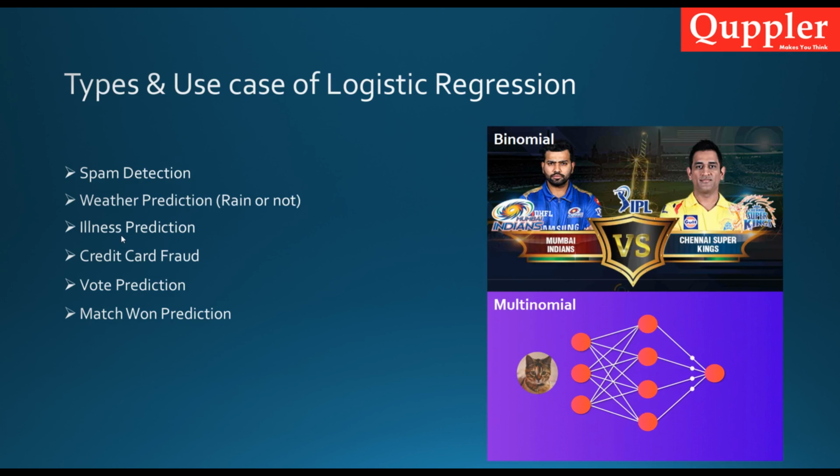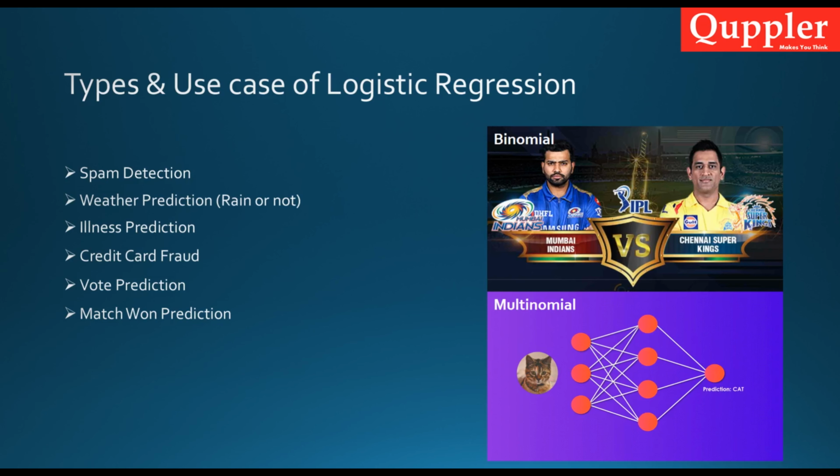For illness prediction, based on the previous health information of a particular user, you can say whether he will get cancer in the future or not. In a similar fashion you can do it for credit card fraud, vote prediction, and match prediction as well. For vote prediction, you can take different demographic data, the things a user has been liking on social media posts, what kind of content he is viewing, and all the data for that user.